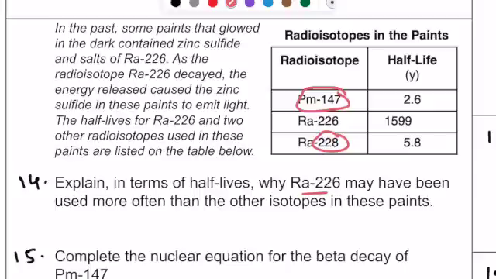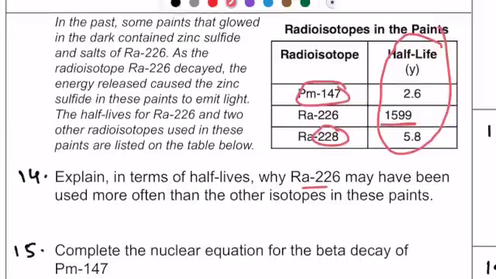So let me try to find that very quickly. Oh, never mind. Wow, how did I miss that? Your half-lives are given right here, so you don't need to go to Table N. Whew, I'm tired, folks. Okay, so as you can see, there's a significant difference between the half-lives of radium-226 and the other two. The reason why we're using this one is because it has a longer half-life, so it helps more.